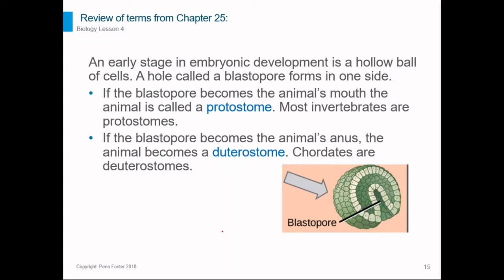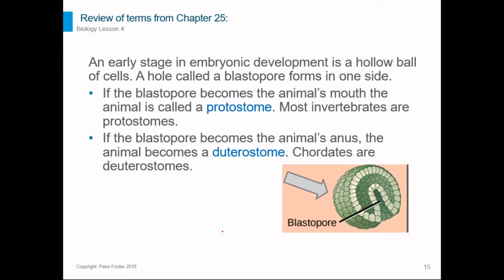Another set of terms: there's an early stage of embryonic development where it's just basically a hollow ball of cells, and a hole called a blastopore forms in one side of that. And this is actually kind of a big divider of types of animals. So if the blastopore becomes the animal's mouth and the anus develops later, the animal is called a protostome. Most invertebrates are protostomes.